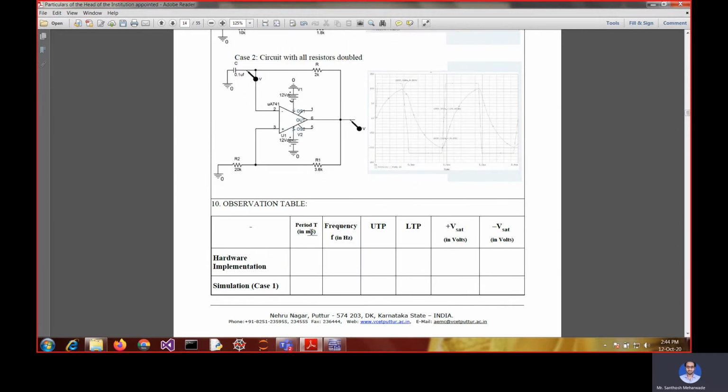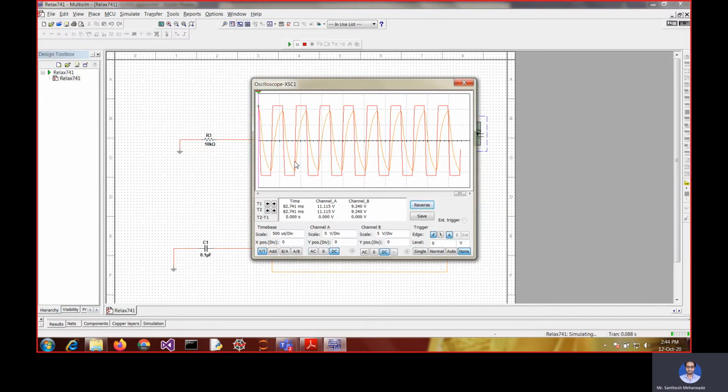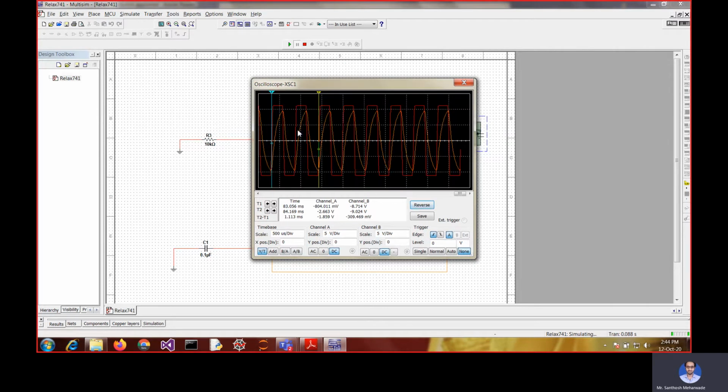First of all, we have to calculate the time period in terms of milliseconds. Here we have timeline 2 and timeline 1. Let me use the black color, it is quite visible.